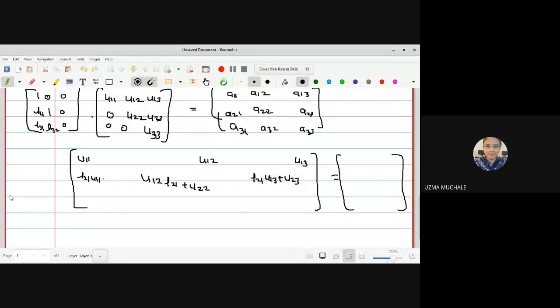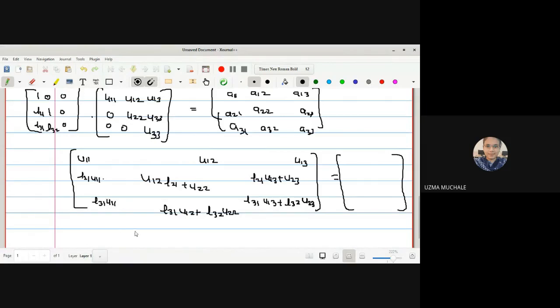Simply we have to multiply the matrices. The last row: L31 U11, then L31 U12 plus L32 U22, and the last entry is L31 U13 plus L32 U23.